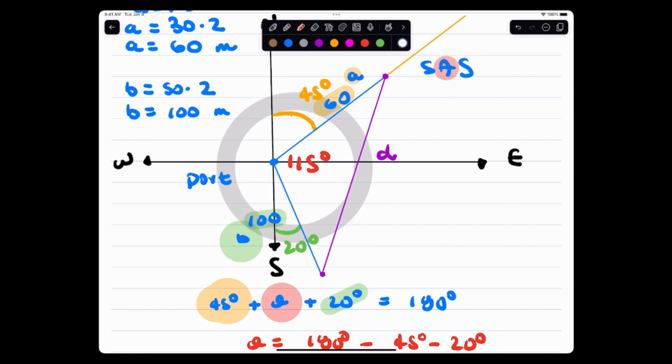There it is, ladies and gentlemen. This is what I say. You have a what? Side angle side situation. This is what makes this a law of what? Law of cosines question. This is law of cosines.